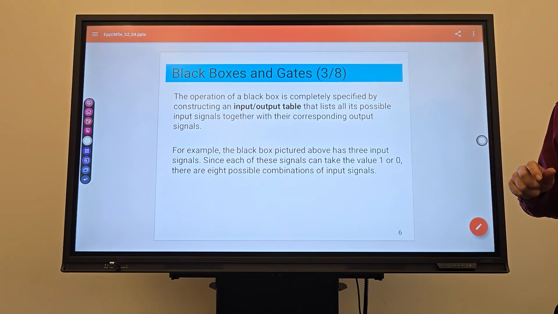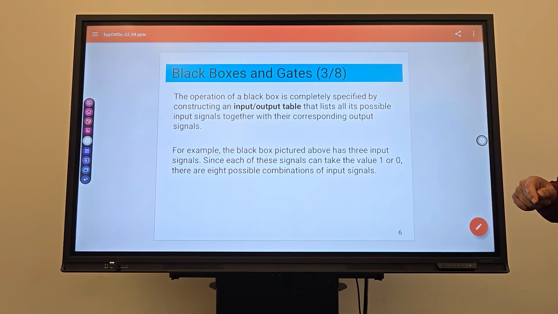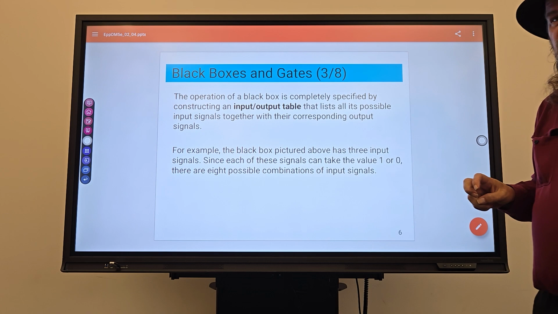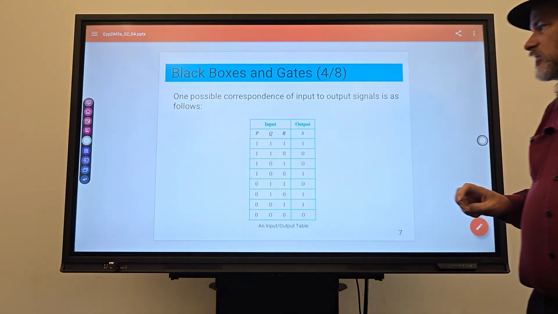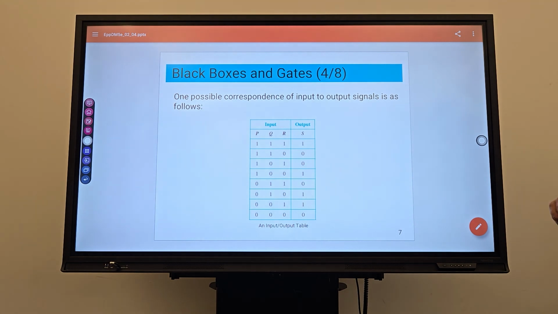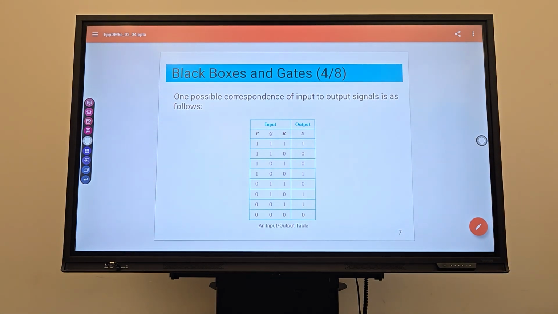So for the 3 inputs, there would be 8 possible combinations of input. And the input-output table will give you the output for each combination of input. This is an example of what such a circuit might have as an input-output table.